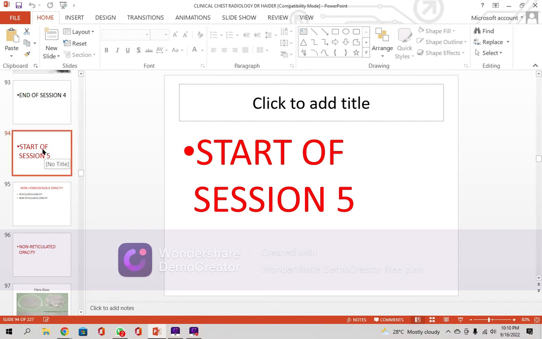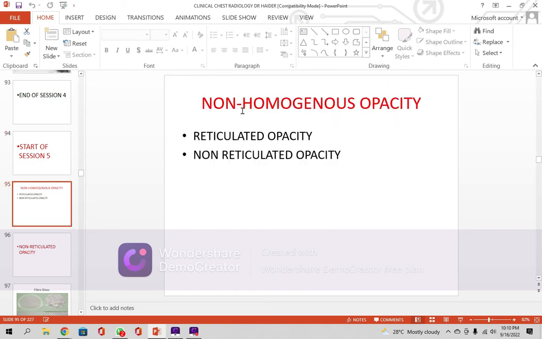I am starting the other one, and that is the non-homogeneous radio opacity. Again, it is classified into reticulated opacity and non-reticulated opacity. If you classify like this, you can taper off the diagnosis to a limited one. So that is important. Non-homogeneous means the white patches are not dominant now.